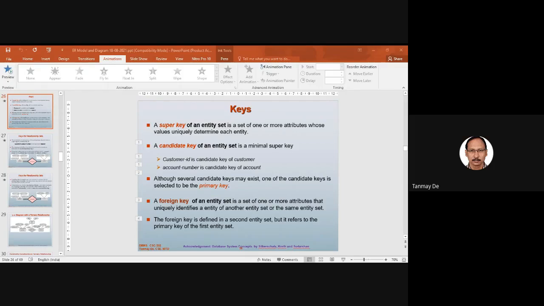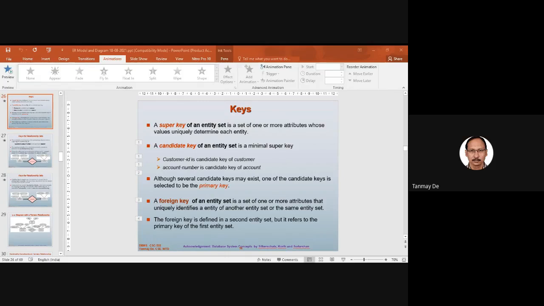For example, customer ID is the candidate key of the customer entity set. You can see in all the super keys, customer ID is present.